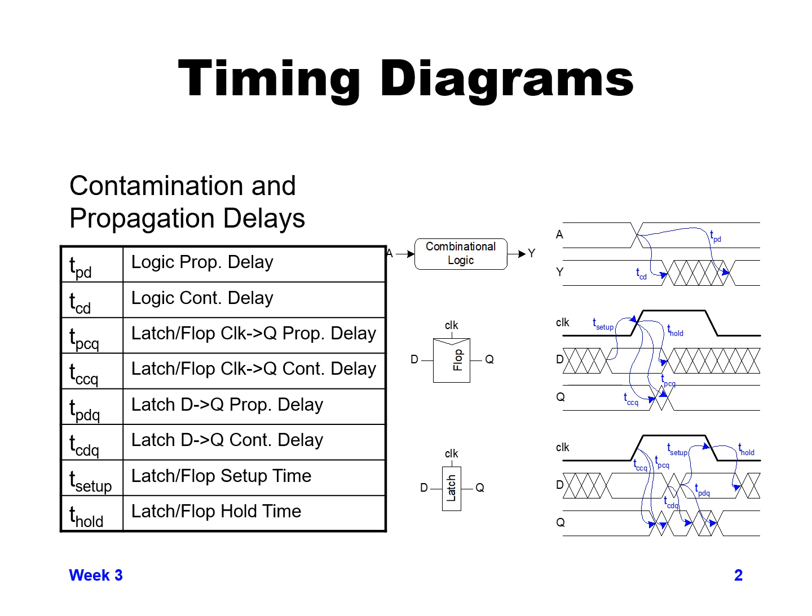So the first thing that we're concerned about is the setup time. When the clock rises, it will sample the value of D, your data, and send that to the output Q.